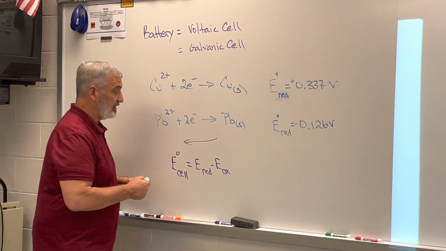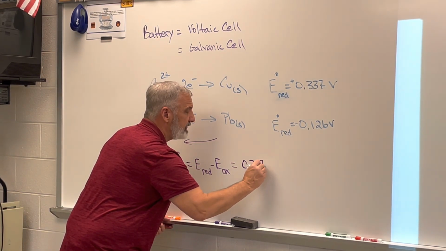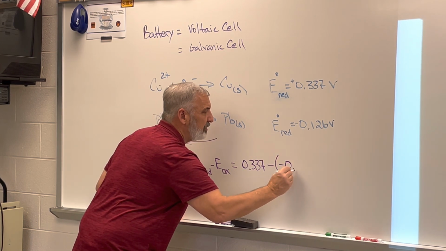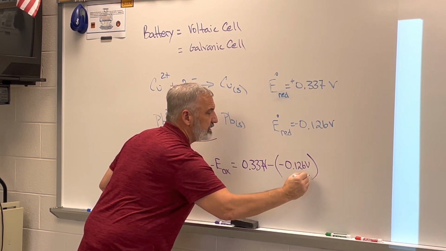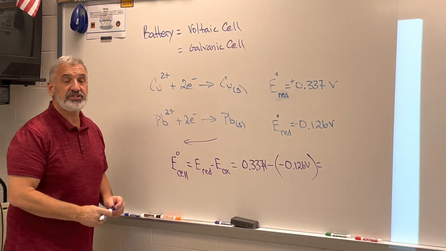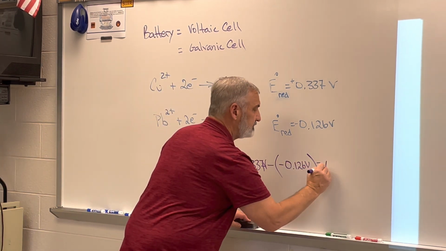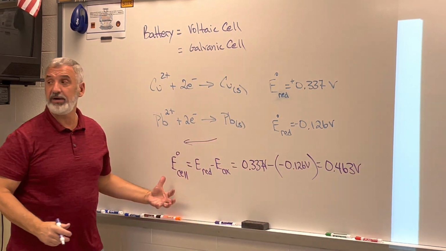Copper. So it's going to equal 0.337 minus the E ox, which is negative 0.126. I'm going to add those together and I get 0.463. That's the voltage of my battery.